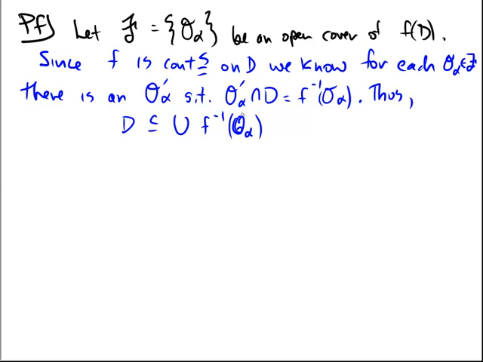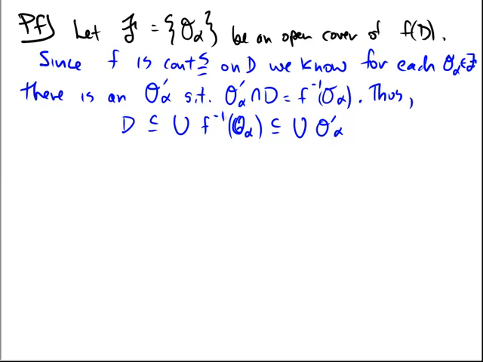But then this would be a subset of the union of the O prime alphas. And remember, for the union here I don't need to intersect with D, because if there were some other things that weren't in D, this would still be covering it. D would still be a subset of this object.